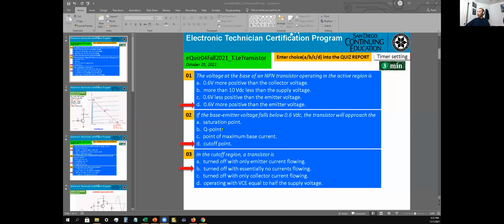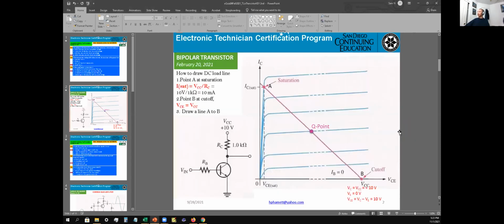Number 2, the base-emitter voltage falls below 0.6 volt. The transistor will approach mainly cutoff. It's mainly off. So when it's reverse biased, when it's not forward biased anymore, it should be operating right here at the cutoff.